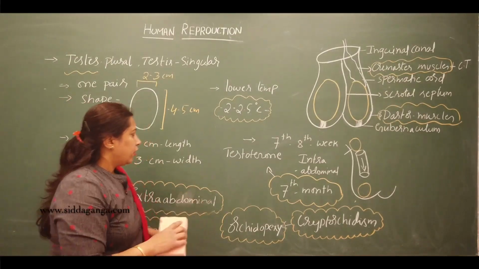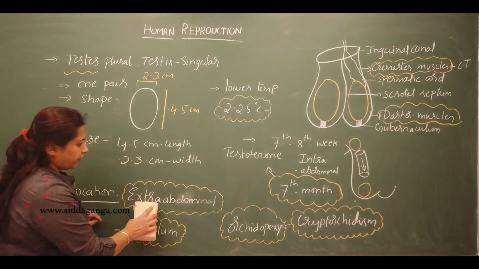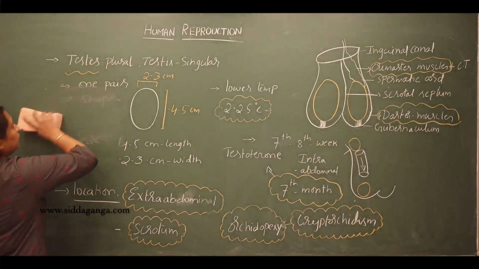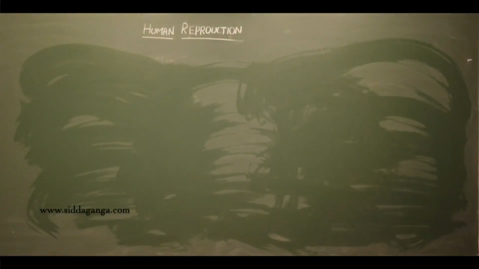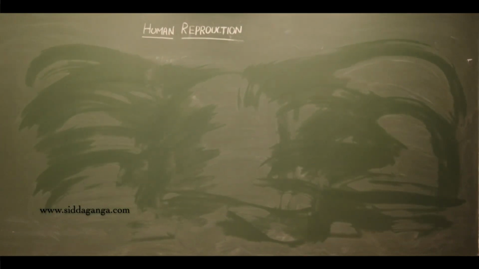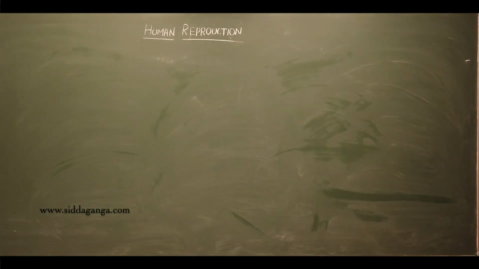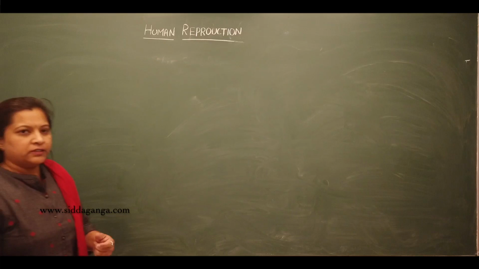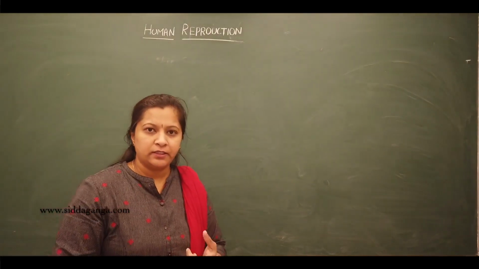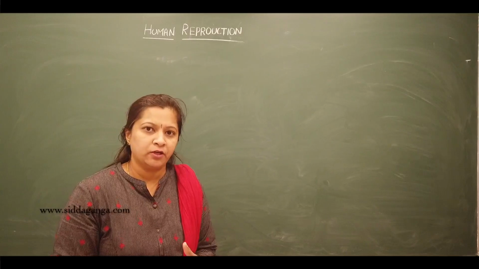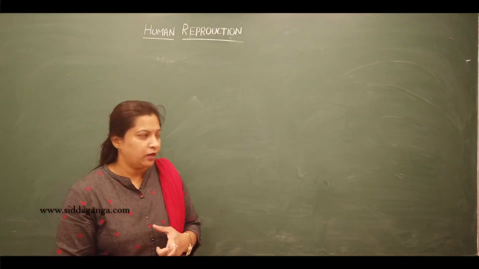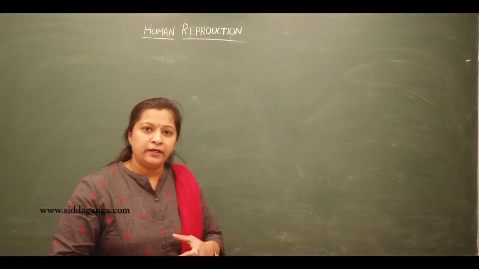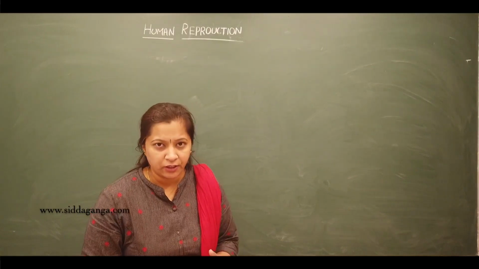Here, in human males and in most of the mammals, the testes are extra abdominal only, but there are some mammals where the testes will remain within the abdomen and function normally.